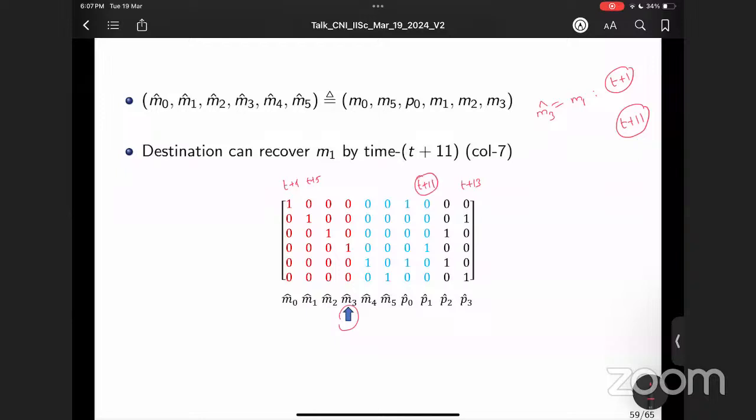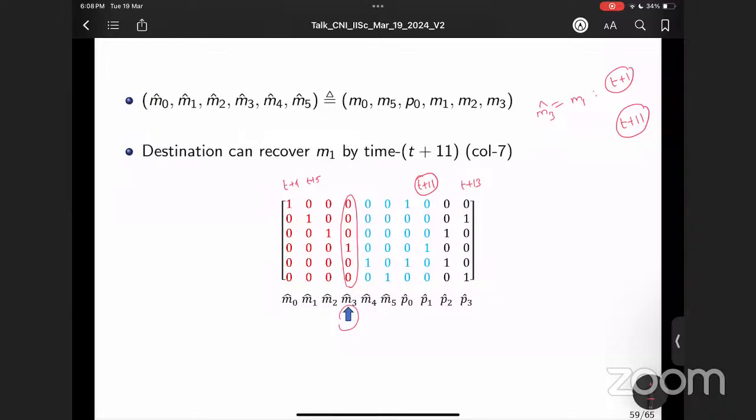T plus 11 is actually here. What I need to ensure is that some linear combination of those 4 blue columns should give me 0, 0, 0, 1, 0, 0. Is that true? That's true, because you can see that the last blue column is precisely the same as the third column. So I can recover M1 also by time t plus 11.